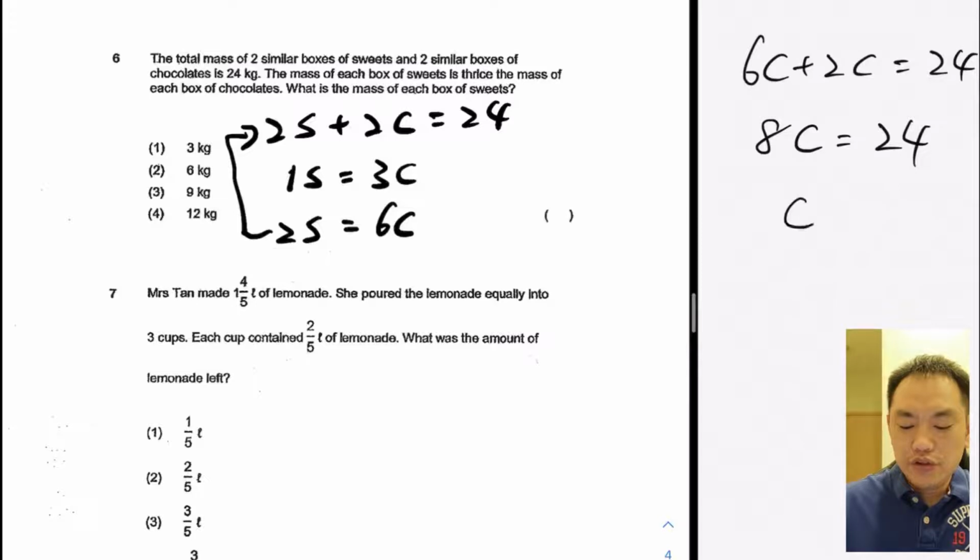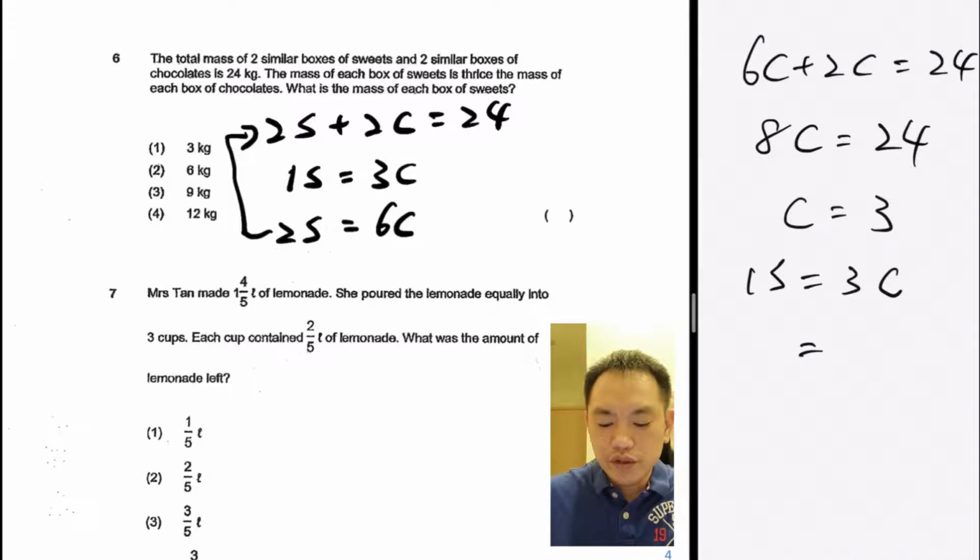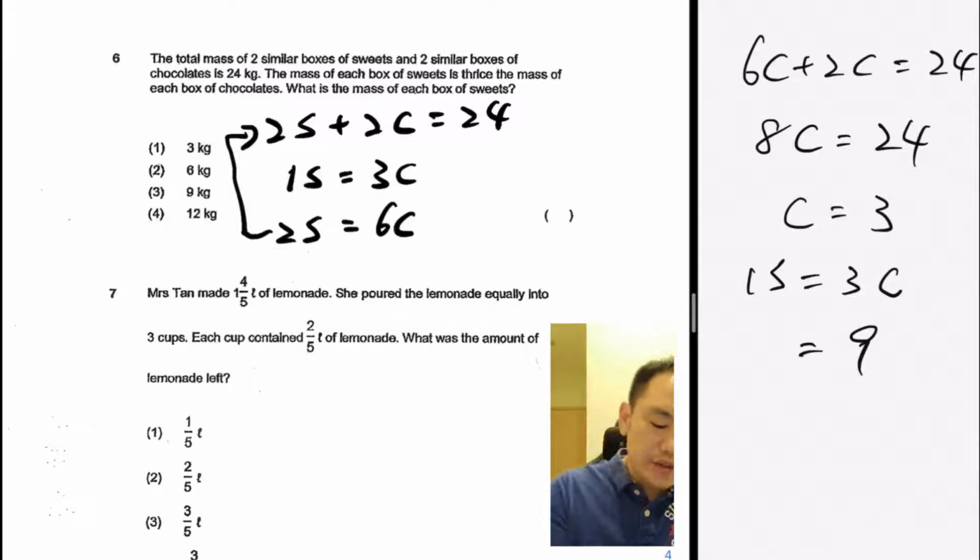So each of the chocolates will equal 3 kilos. So if 1 box of chocolate is 3 kilos, and 1 sweet is equal to 3 bags of chocolate, which is equivalent to 9 kilos. Yeah, so 1 box of sweets equals 9 kilos. So the answer is 3.